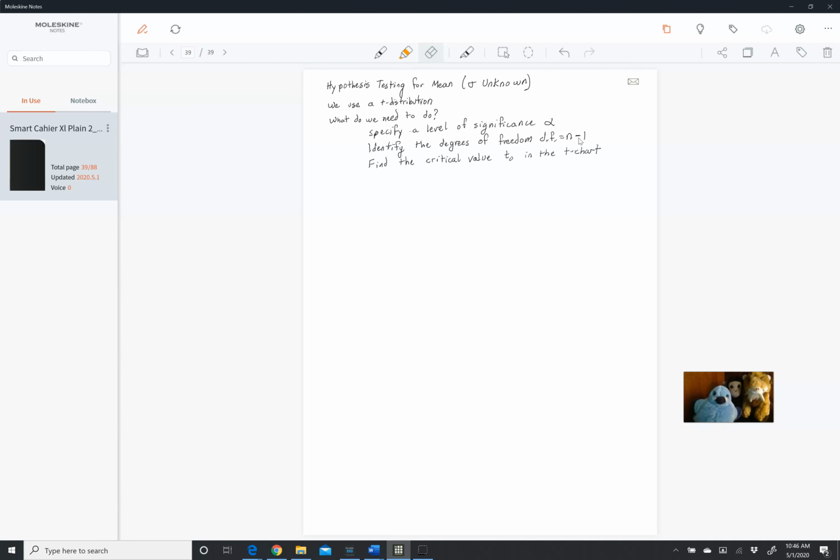Okay, so how do we do this? Well, the t-chart gives us a little bit more information than the z-score chart, okay? It's a little bit easier to use in some ways.